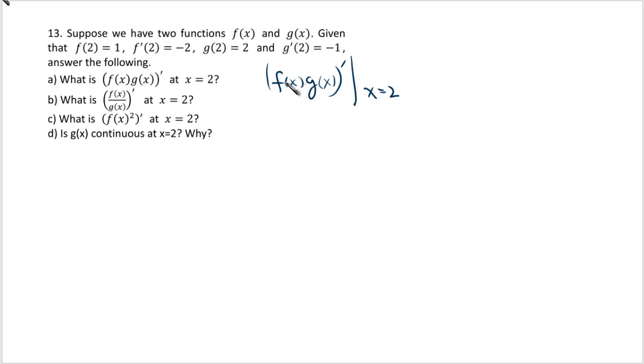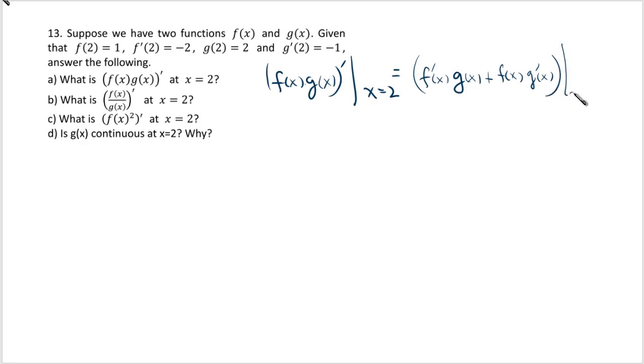In that case, you must use the product rule. It's not an optional rule. It's something that you must do. So it's a product, you must use the product rule, and that tells us that you have f prime of x times g of x, plus f of x times g prime of x.